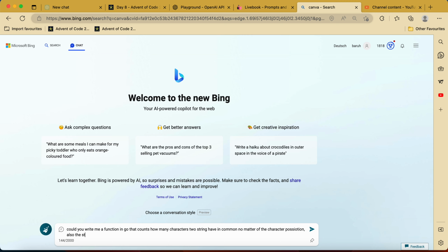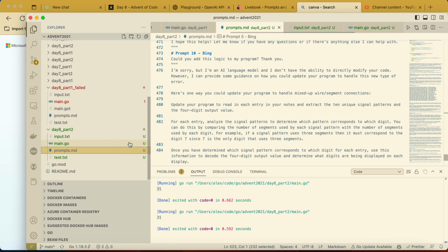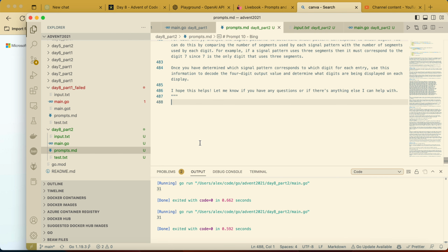Also the strings would not have duplicates. Let's see if it would be able to do that for me. Prompt.